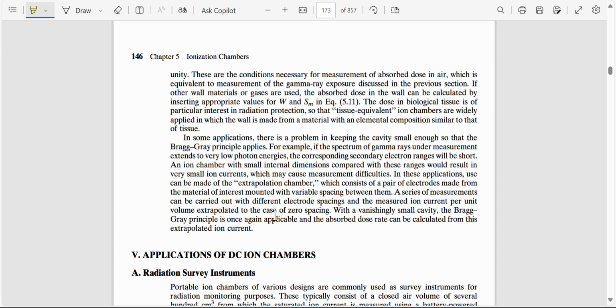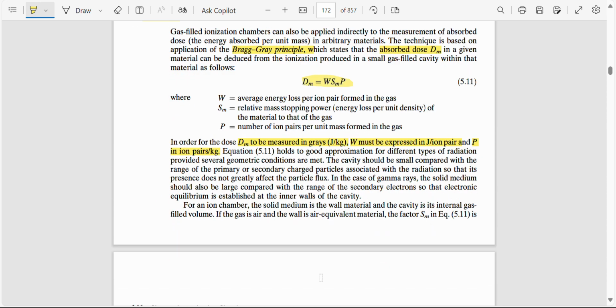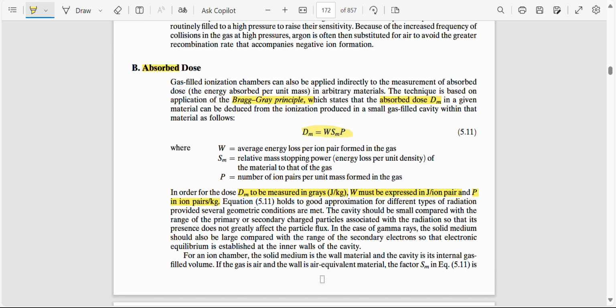Let me give you another problem. You have to solve it yourself using this formula. The problem is: an ionization chamber measures an ionization current corresponding to P equals 1.6 into 10 raised to power minus 4 coulomb per kg in tissue.